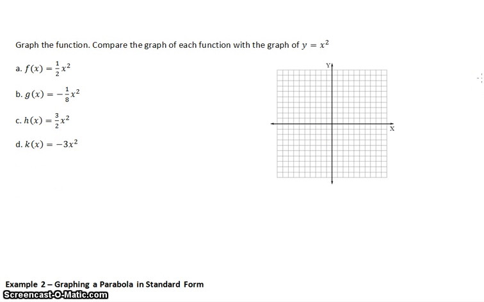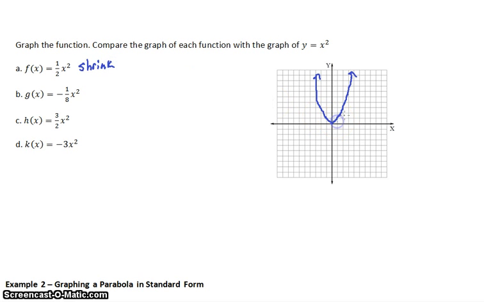The same types of things you're going to see here. We're magnifying this by 1/2. In terms of a graph, if this was my original one, we're going to multiply all the y's by 1/2, so we're going to shrink this one by 1/2.